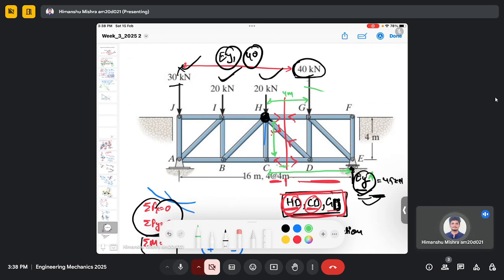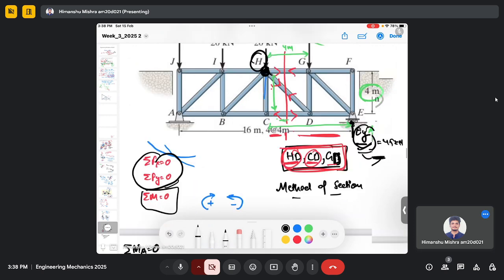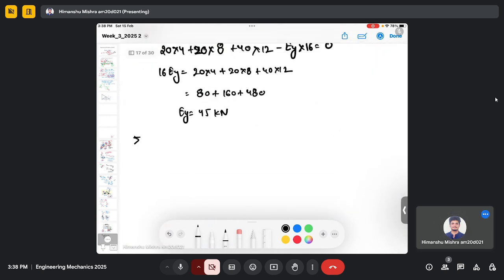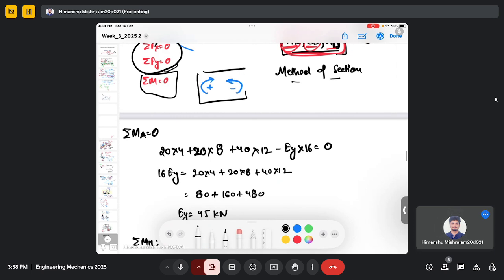So this will be my perpendicular distance, which is again 4 meters. So these three forces will have a non-zero moment about point H. So the moment at H will be given as, assuming the same sign convention where clockwise is positive and anticlockwise is negative.